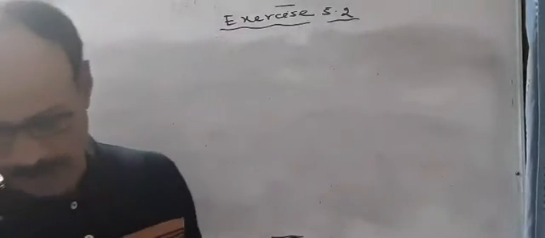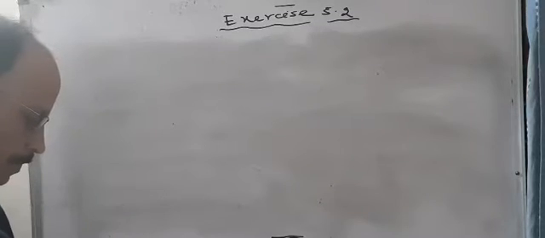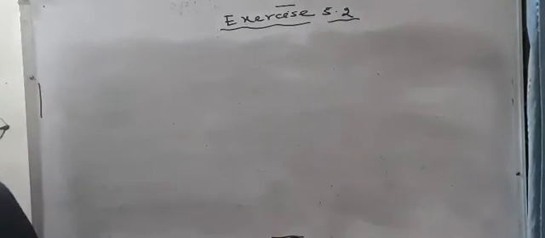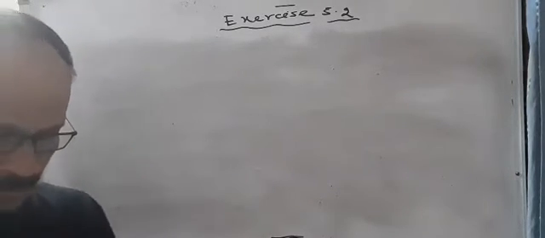The next question is sin ax plus b upon cos cx plus d. So before doing these questions, we must know some formulas related to this. So what are the formulas?